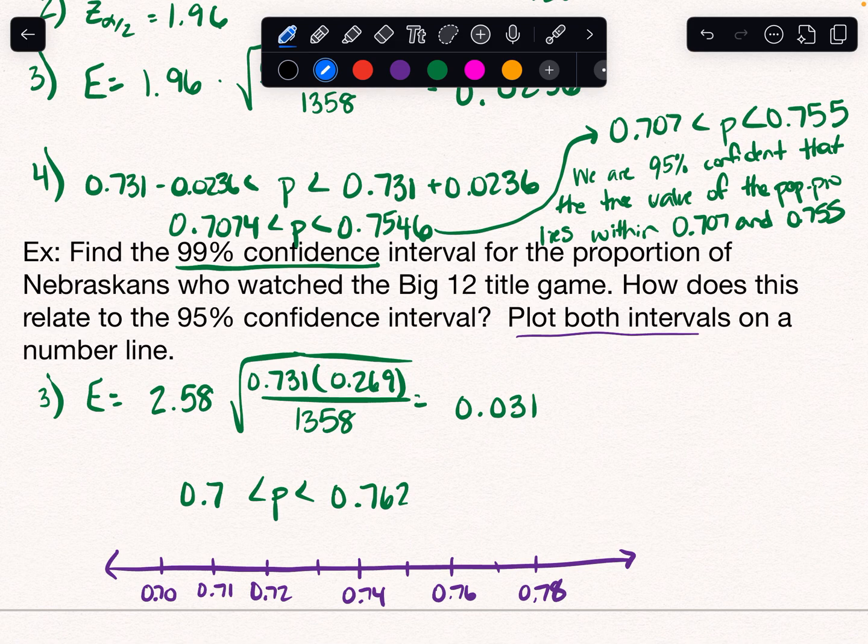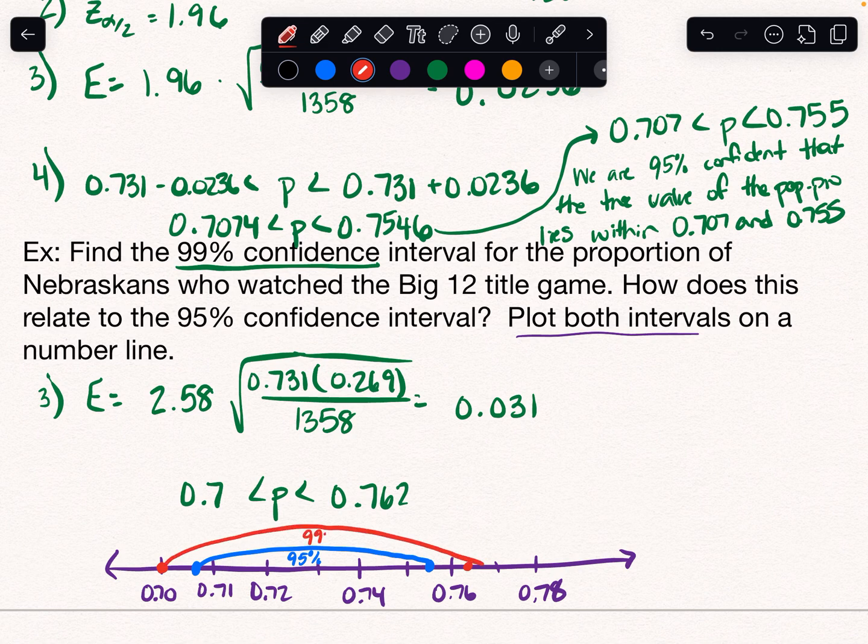So we're at 0.707, that's here-ish, all the way to 0.7546. What did I just say? 95% confident. And then 99%, so it'd be from here to here.